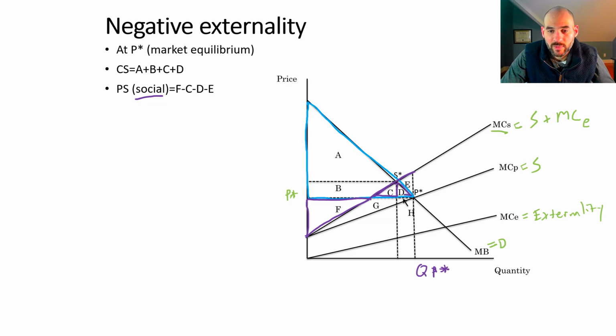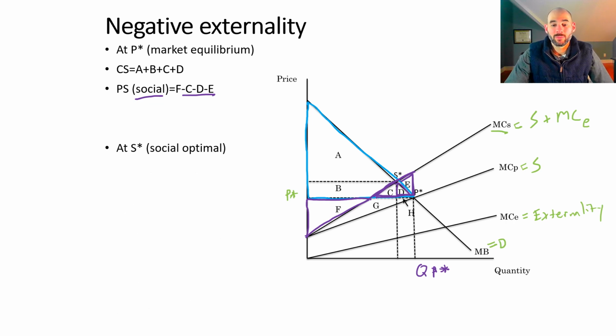Triangle D is between the price and the marginal social cost curve, and triangle E. So basically this whole big purple triangle here is between the marginal social cost curve and the price. However, the price is below the marginal social cost. So that's all being subtracted from our producer surplus. That's all a negative.